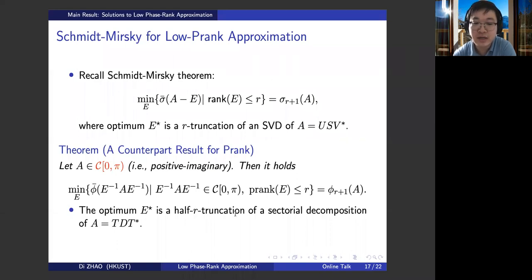This half R truncation of the sectorial decomposition is very similar to the R truncation of the singular value decomposition. Half means that we first take the square root of the matrix D. And R truncation means that we truncate off the R largest terms in the matrix D, and we replace those terms with 1 because 1 has 0 phase. With this truncation, we get the solution to the low phase rank approximation problem.